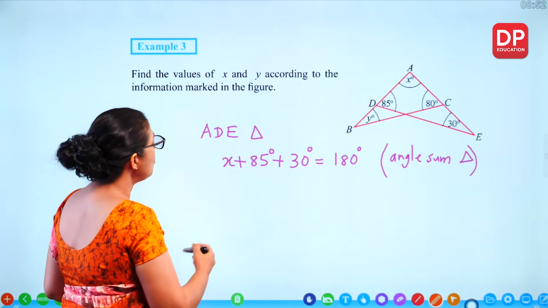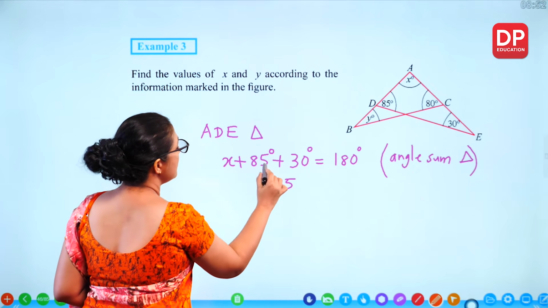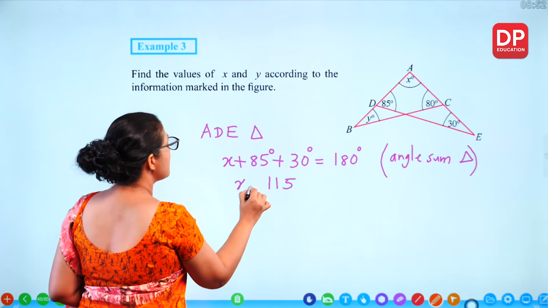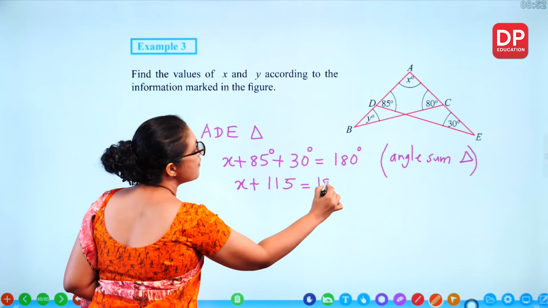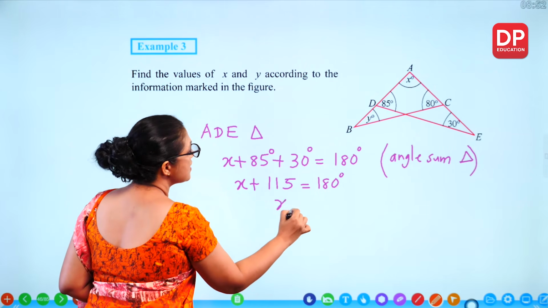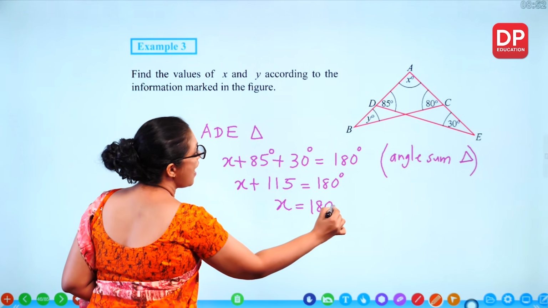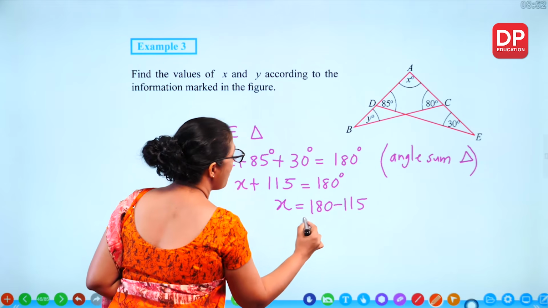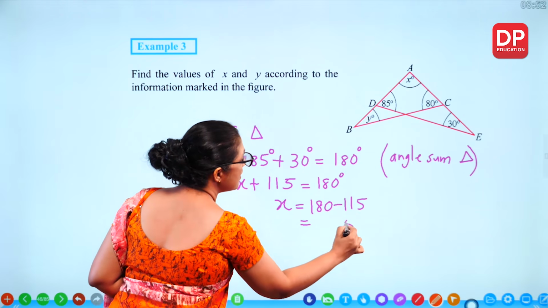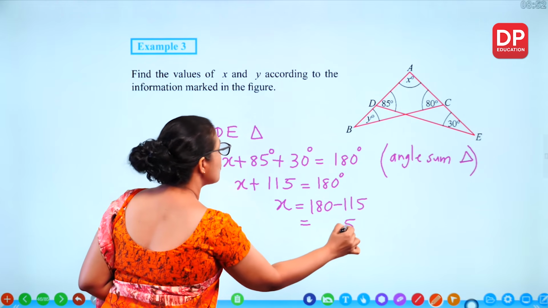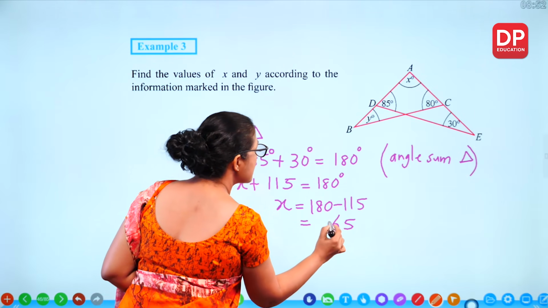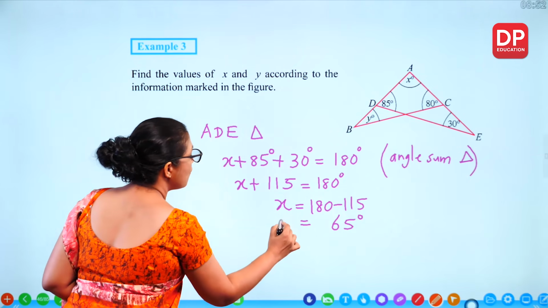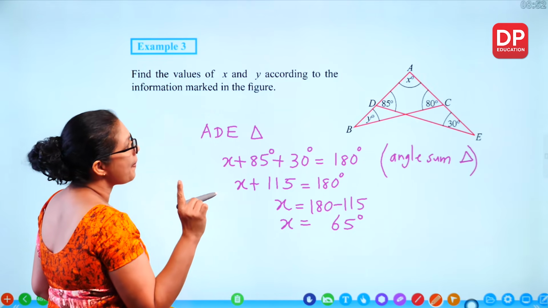Now add these two, you get 115. So X plus 115 is equal to 180. So what's X? You subtract 115 from 180. So you get 65 degrees for x.